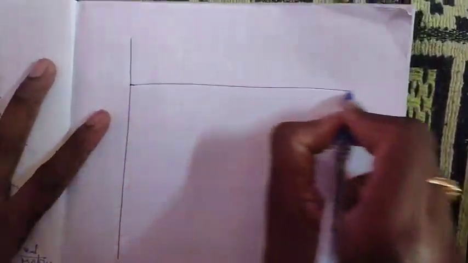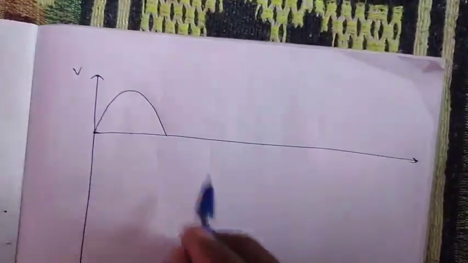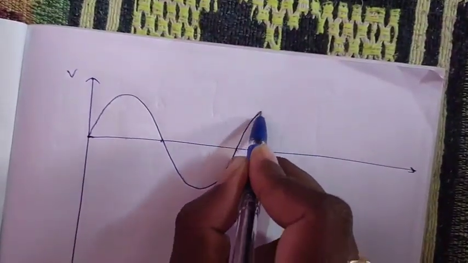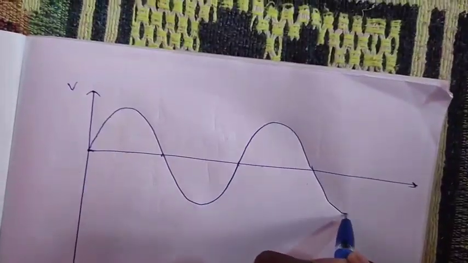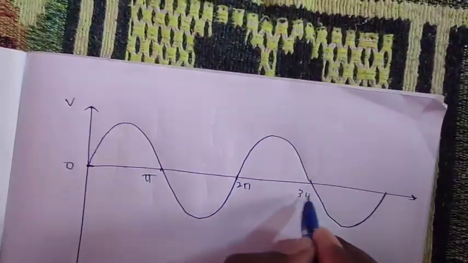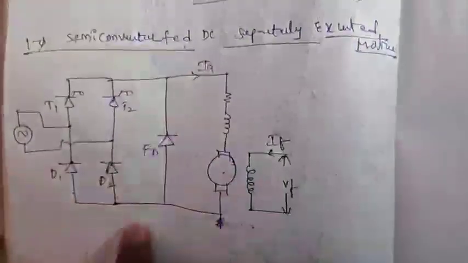Here the input is AC, which I draw as the input voltage, with 0, pi, 2 pi, 3 pi and 4 pi marked.